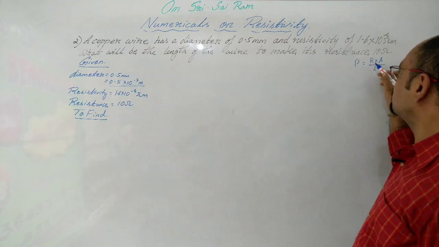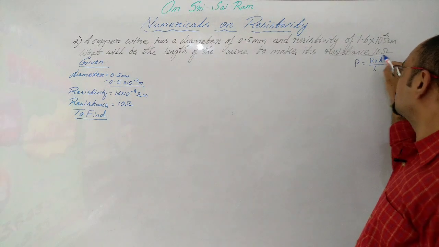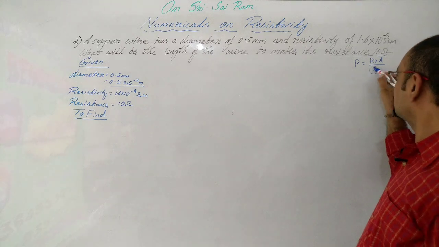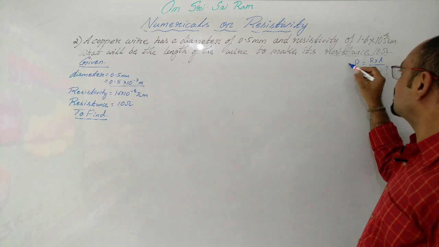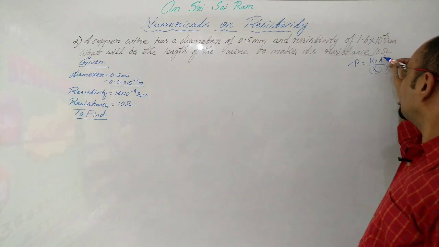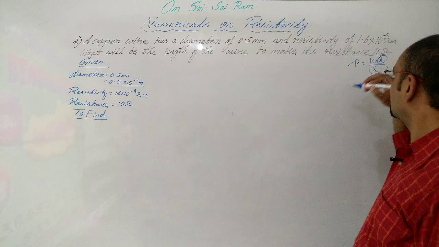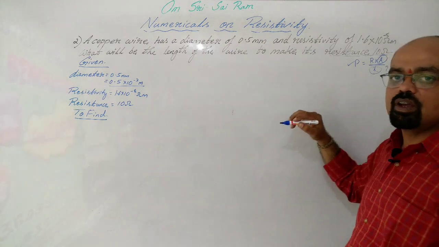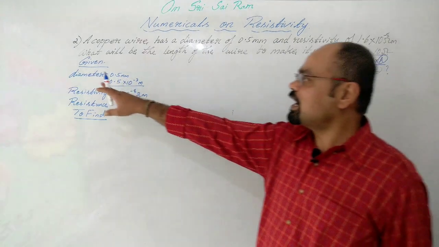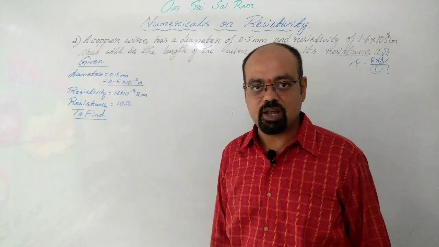Resistance is given in the question. Length we have to find, so this is the question mark. Resistivity is given, and we have to find the area of cross section. Area of cross section is not given, instead diameter is given in the question.